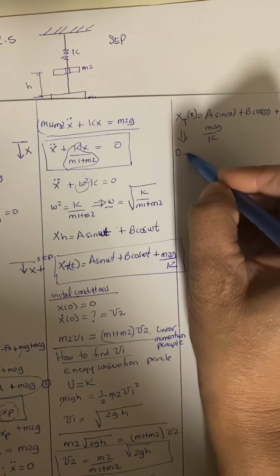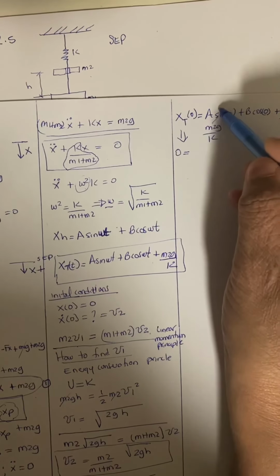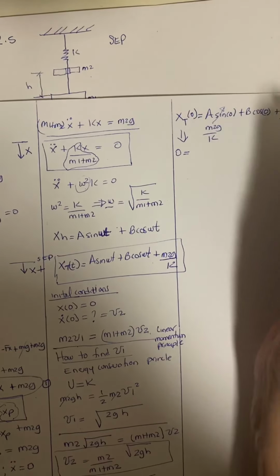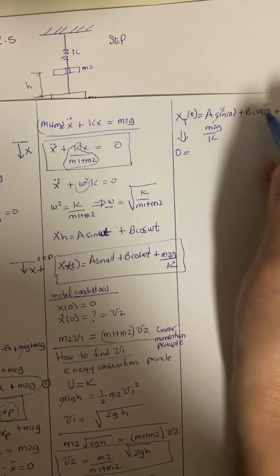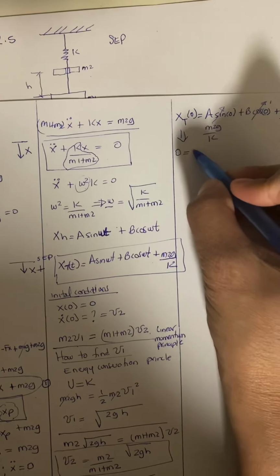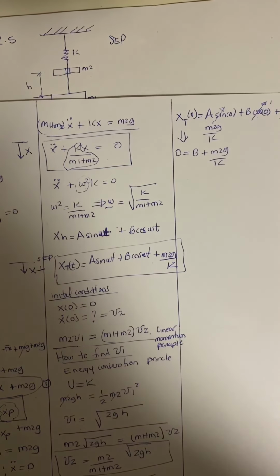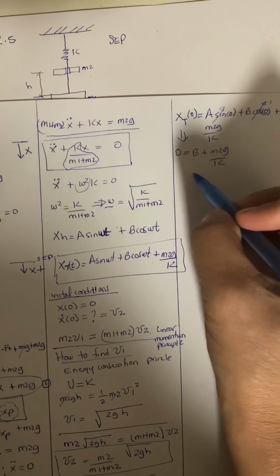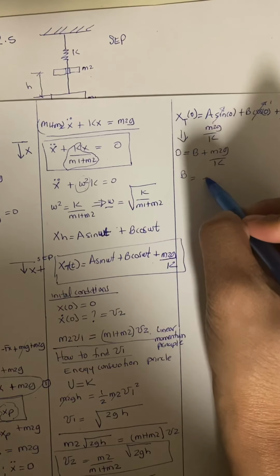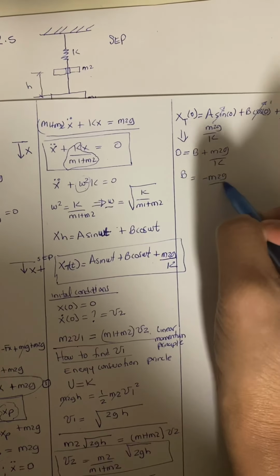So I got 0 equals, this goes to 0, sine 0 is 0. Cosine 0 is equal to 1, so we get B plus m2g over k. And then we can find that B is equal to minus m2g over k.